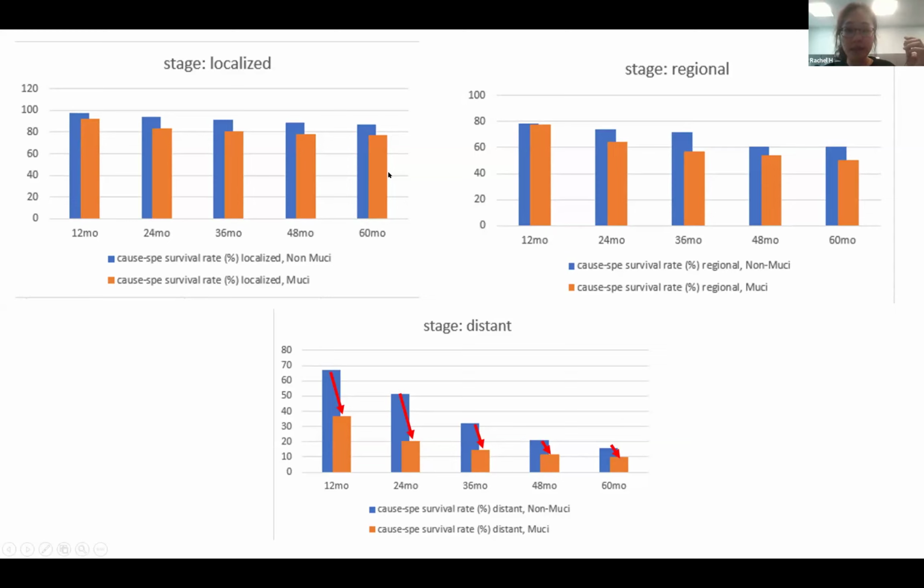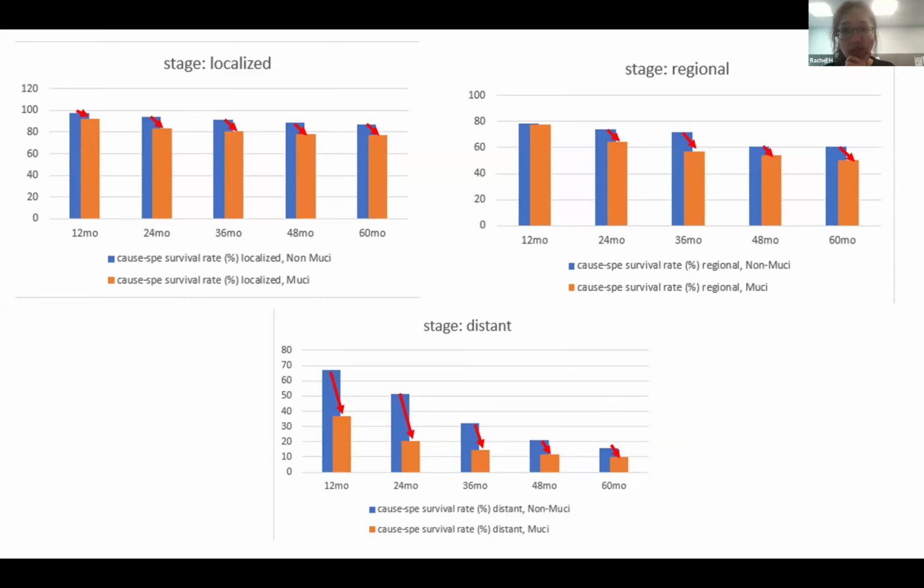So at the localized stage, it shows little difference between the two, but at the distant stage, it shows dominant differences between them.